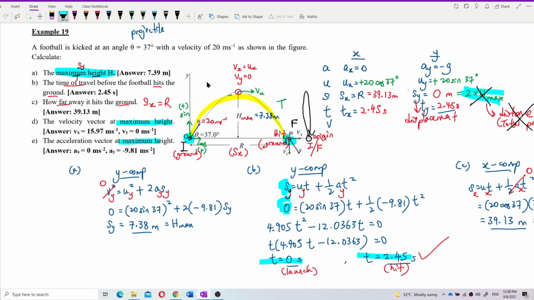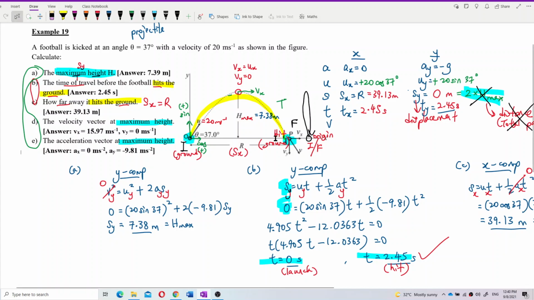Question E is also maximum height. But for question B and C is hit the ground. So B and C is together, but A and D and E is together.